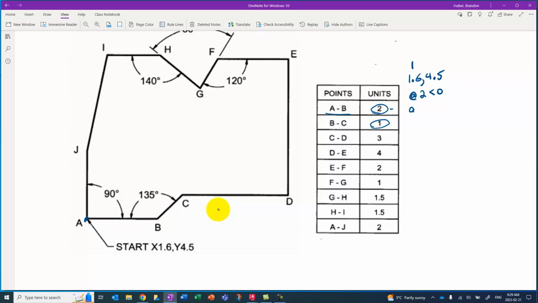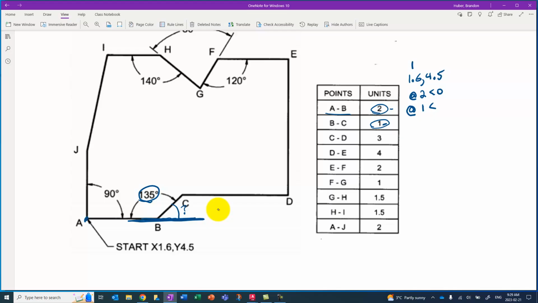Next, moving from B to C, let's put at, and then our distance of 1. The angle, though, is a little bit trickier. It doesn't matter if you're going to type the coordinates or use the dynamic input. We need to figure out not this angle, we need to figure out this angle. Okay, so do you see what I did there? I just extended this line. So now we can use that supplementary angle thing I mentioned earlier.